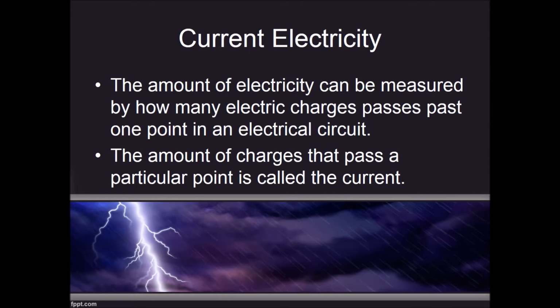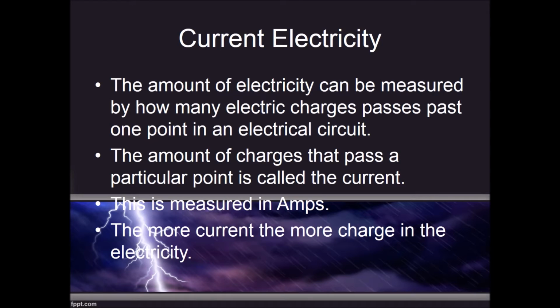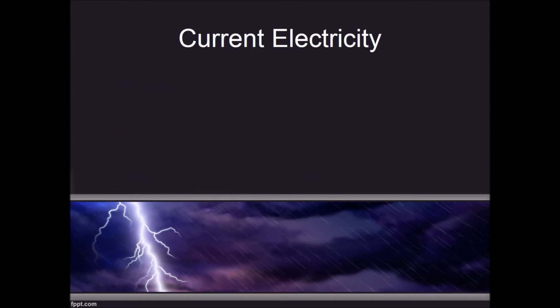And the amount of charge that passes a particular point in an electrical circuit is called the current. So we're really counting how many charges go past, and that's measured in amps. The more current in an electrical circuit, the more charge is in the electricity.